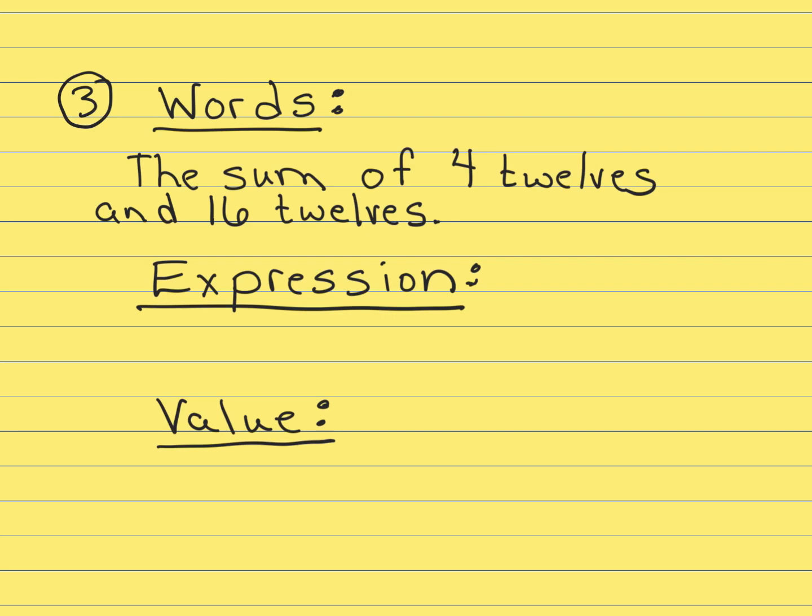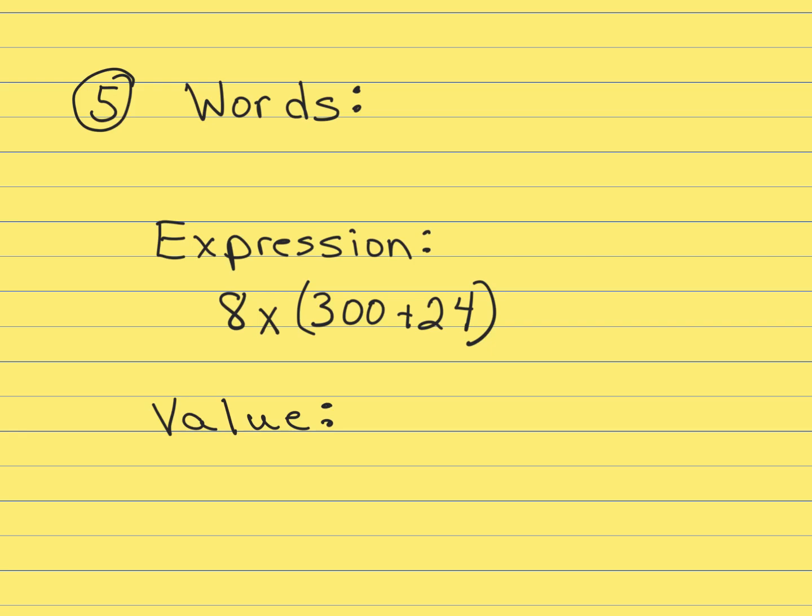Okay, in this problem we have the sum of 4 12s and 16 12s. So we're going to do 4 times 12, and then it says the sum of these two, and 16 12s. And so the value would be after you add these two parts together. Oh, and this one will give the expression, and then you have to do the words.